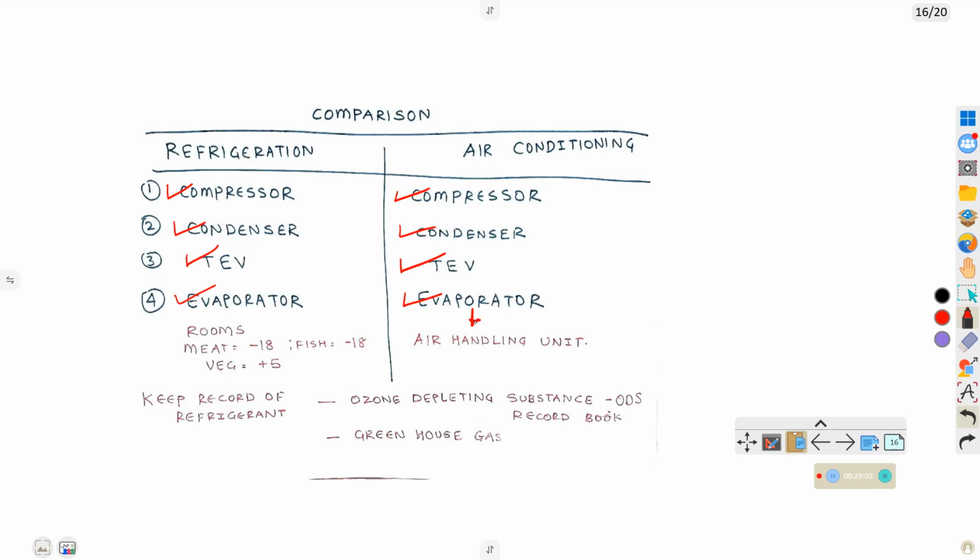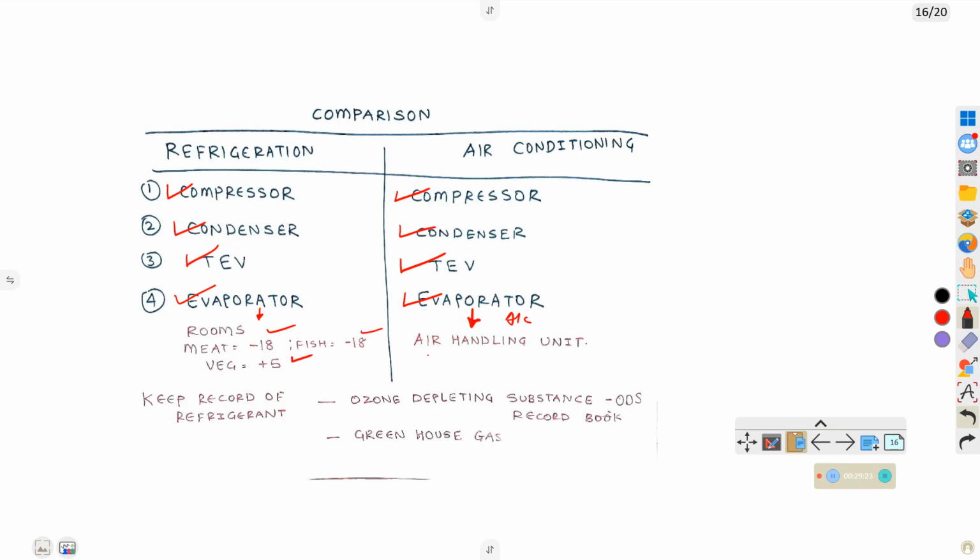But this evaporator is for cooling in AC, and this unit is called the air handling unit, whereas here the evaporator is for the meat room, fish room and veg room.